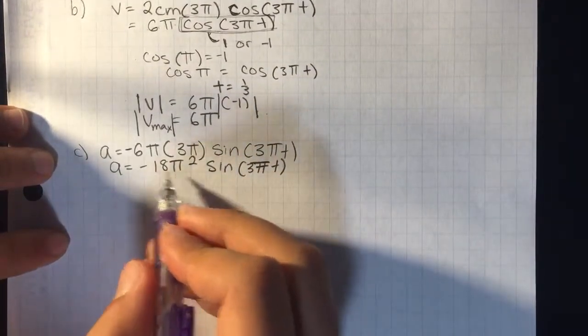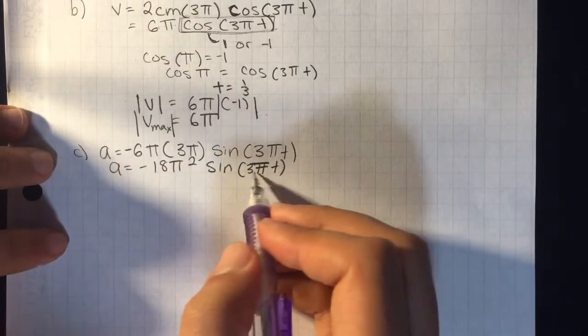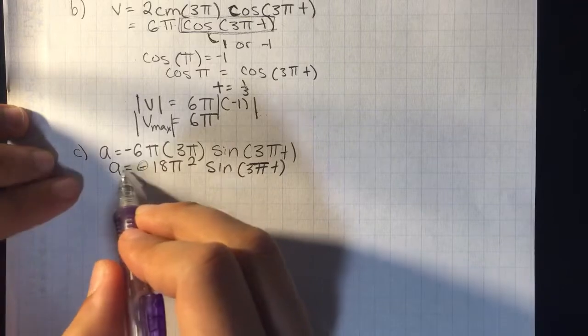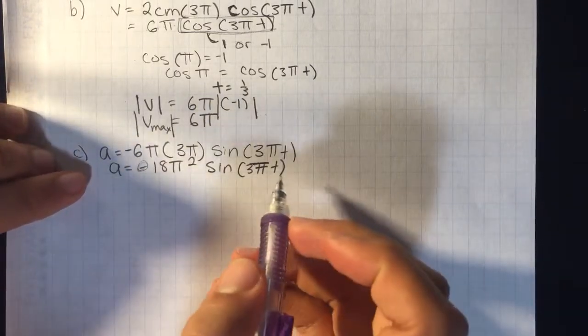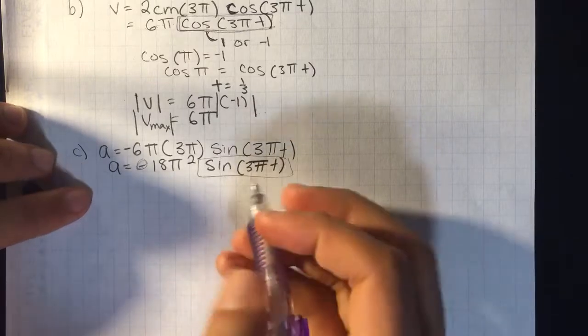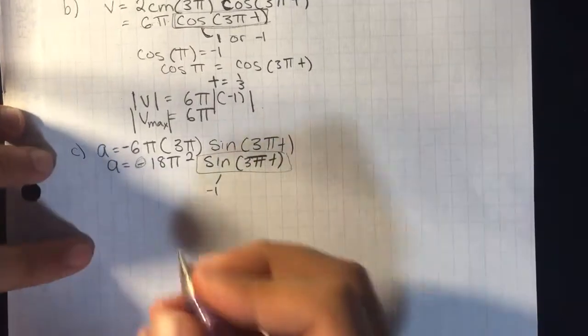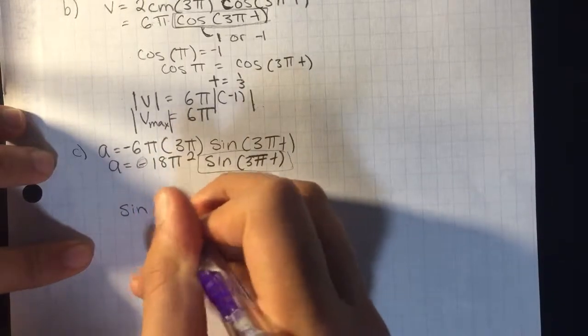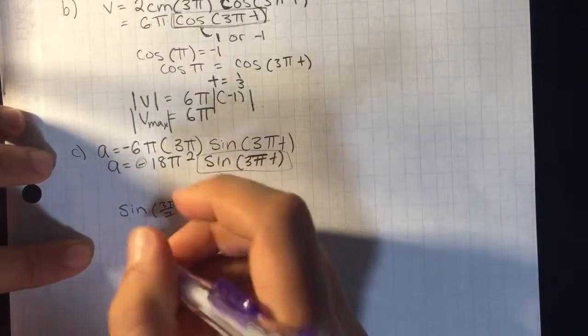Then we want to find the maximum of each of the little parts. We see that this is a negative number. In order to make this whole thing a large positive number, we want to find this at its minimum. So we want to find when that's negative 1. We know that sine of 3 pi over 2 equals negative 1.